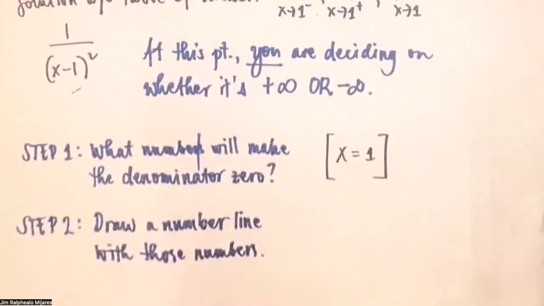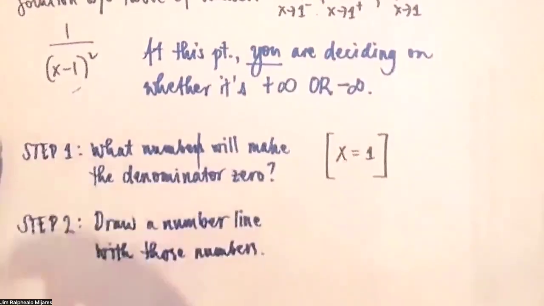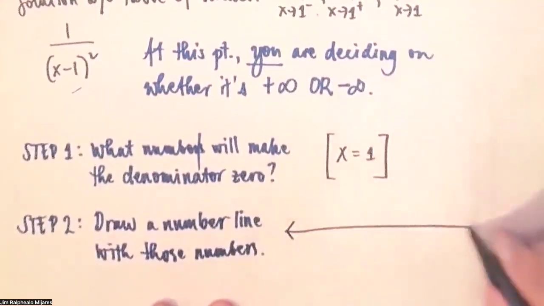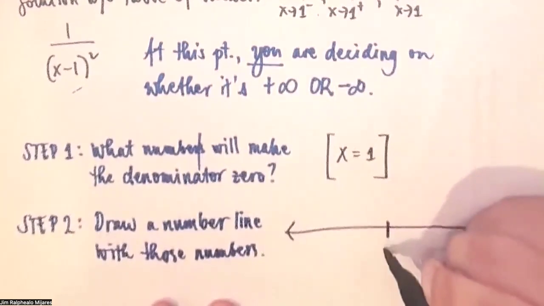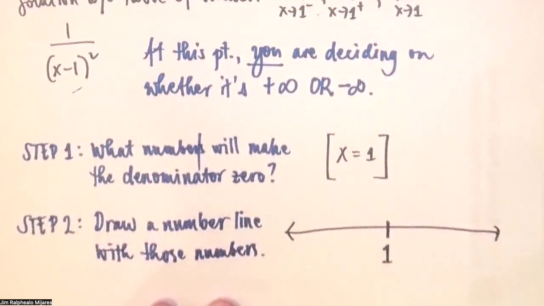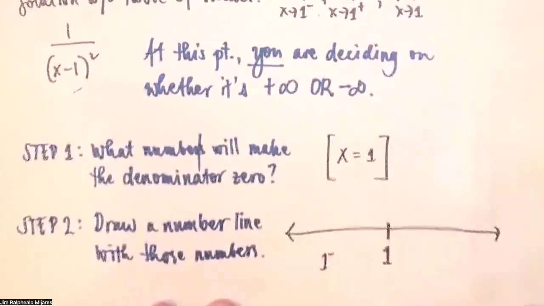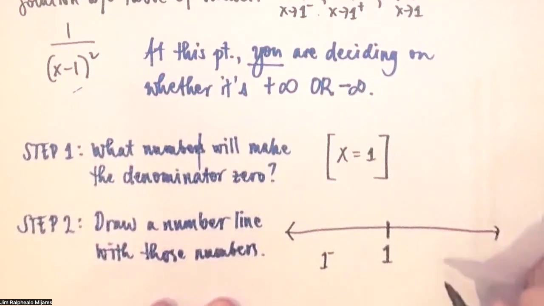In this case, what we're going to have is just a number line with one number in here, which is 1. So technically, everything to the left of 1 is 1 from the left, and everything to the right of 1 is 1 from the right.